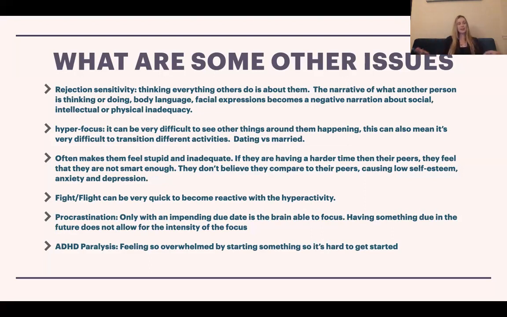When you have that collective narrative all the time, you tend to have pretty low self-esteem. So these adults or children will feel like nobody likes them, or feel very worried about proceeding or doing something because their concern is that people won't like them and they won't be good enough.